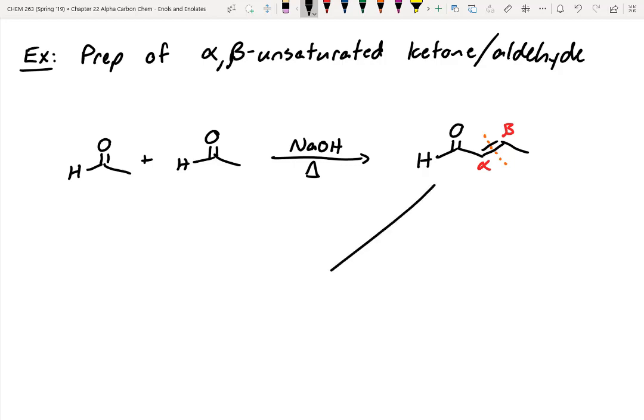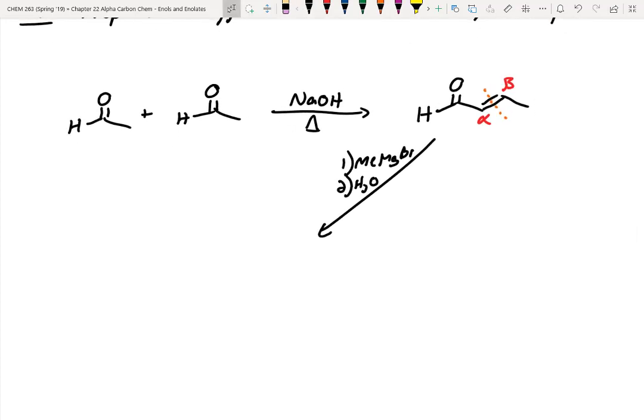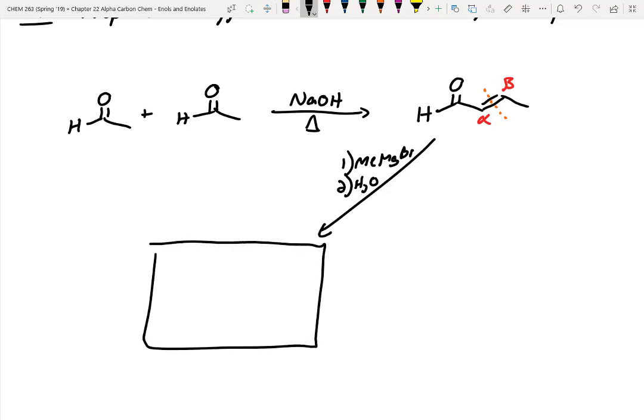Like I was saying before, if you react this with methyl magnesium bromide followed by water, what do you think your product will look like? Predict what your product will be in this spot. And then over here, we'll do a different one.